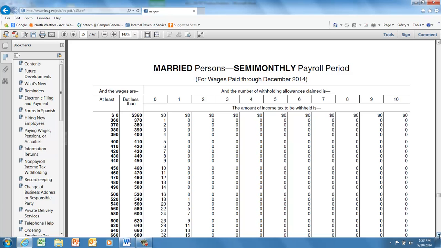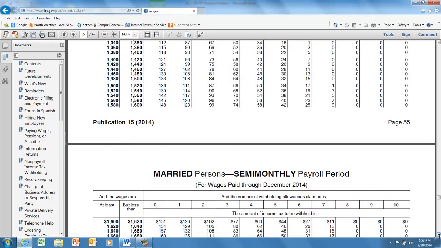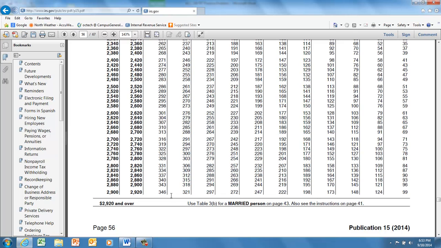Now I need to look for the 3,315 and then married 4. I get down to the second married page, and 2,920 is the highest number it goes to. So I'm not going to be able to do the 3,315 with the wage bracket method. I'll have to do that with the percentage method.